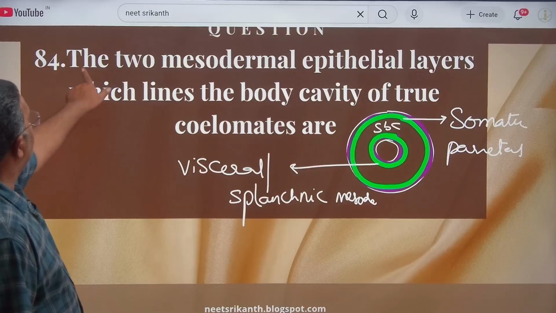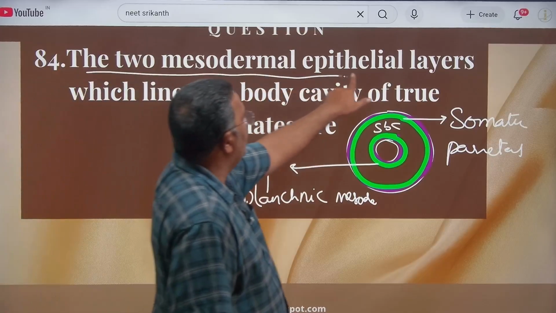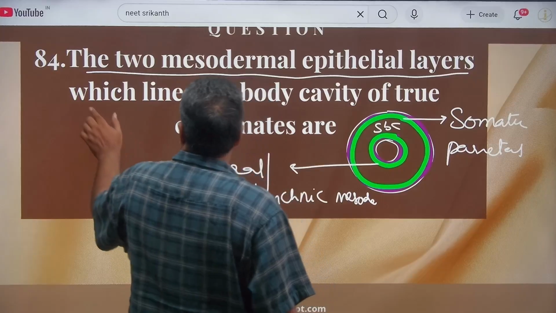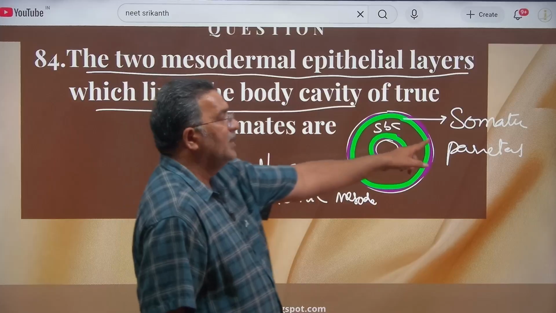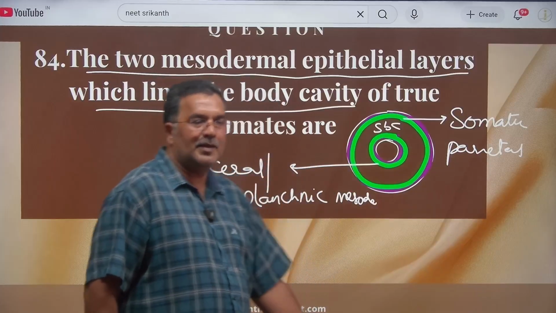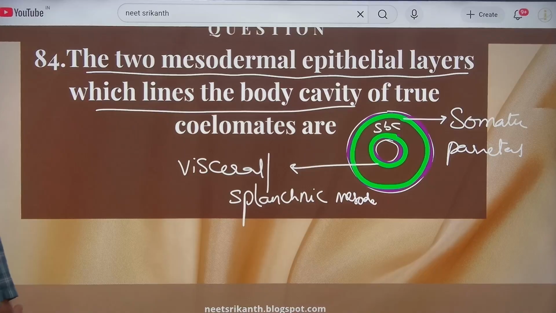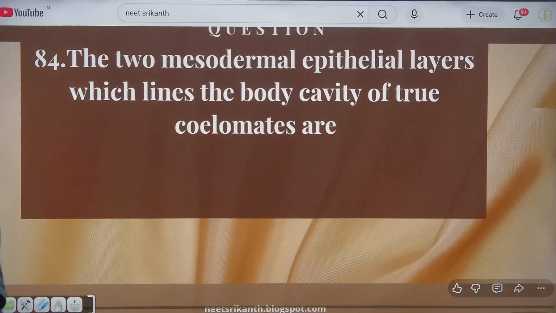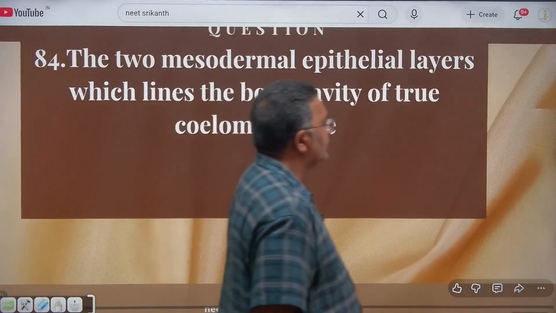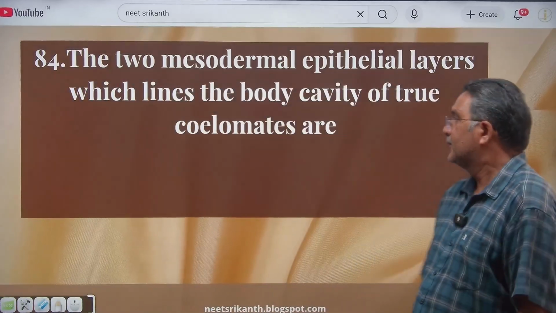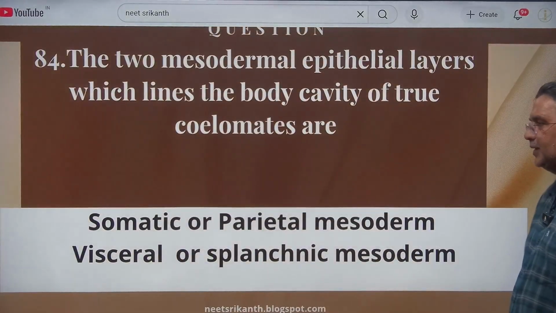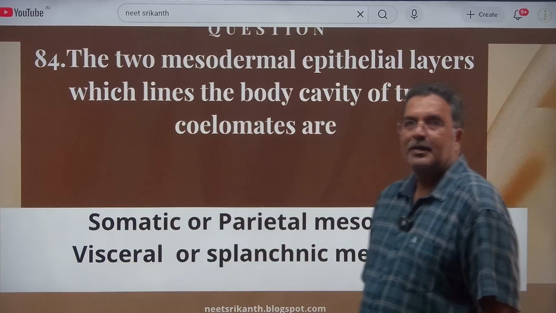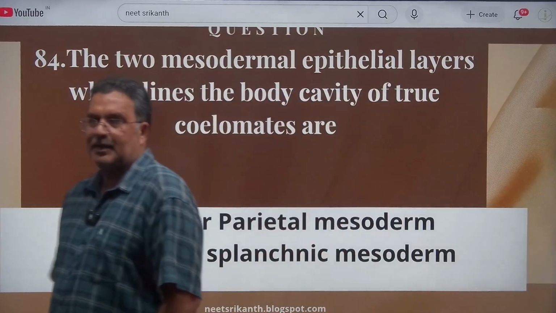So, what is the question? The two mesodermal epithelial layers which line the body cavity of true coelomates are somatic or parietal mesoderm and visceral or splanchnic mesoderm. That's it.